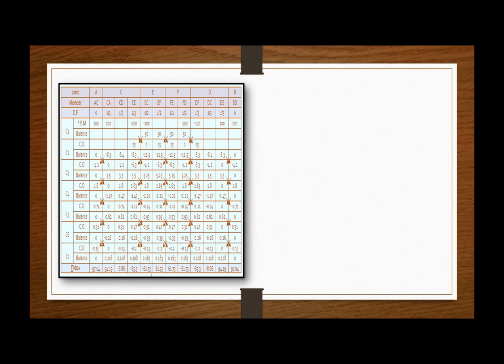Sa balance, paano natin makukuha ang balance? For example here, joint E in member EC, ang balance niya for case 1 is 50. So, paano natin nakuha ang 50?